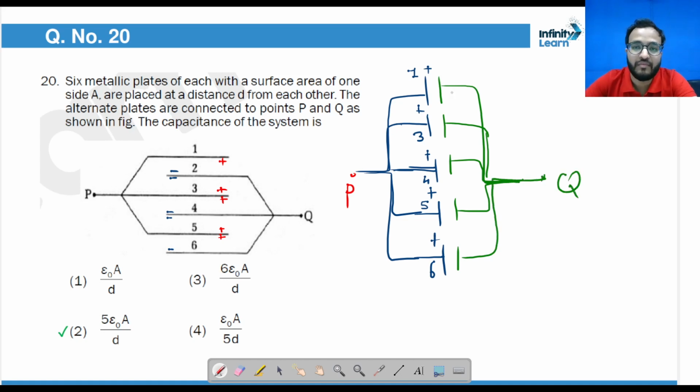This is Q. So what are these plates? In front of 1 you have minus, minus, minus, minus, and minus. In front of 1 we have 2. In front of 3 we have 2 again. And in front of 4, so 6 is negative. Anyways, all of these are in parallel, so no need to worry, right?